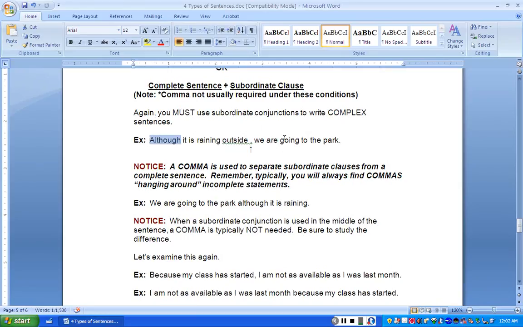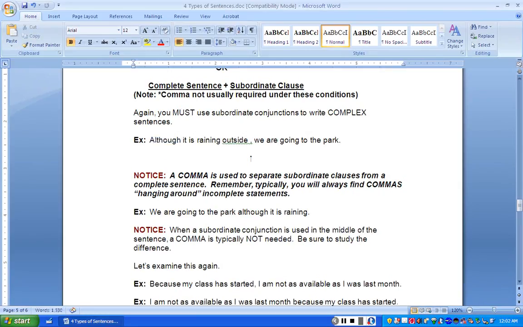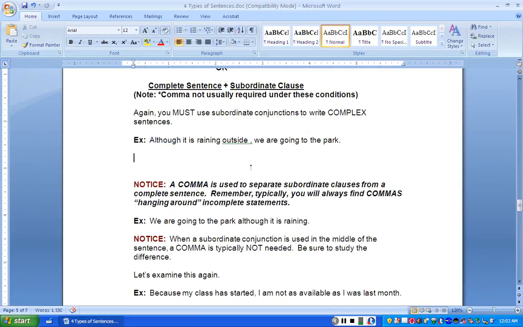So remember earlier, and I'm going to type in this example, when I said, I used the word first, I'm going to use another transition like, she was late for the interview. I'm going to put a period there and start a whole new sentence.